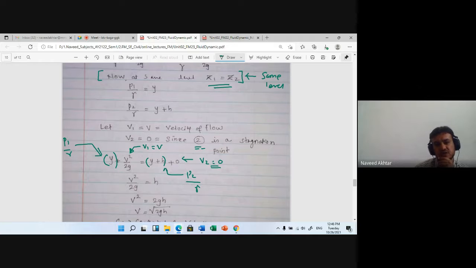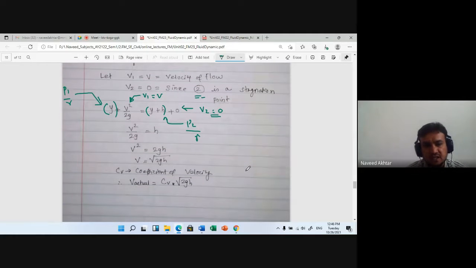The fluid is stagnant, so the y will cancel. V square upon 2g is equal to h, so V square is equal to 2gh. Therefore velocity is equal to the square root of 2gh. This is the theoretical velocity.